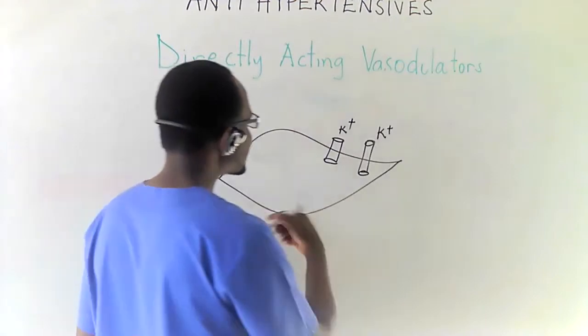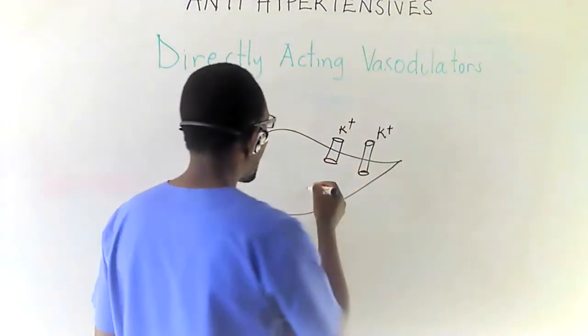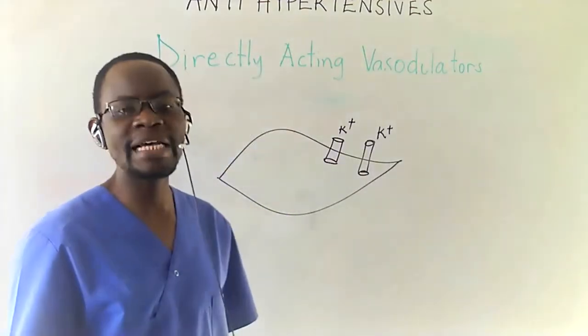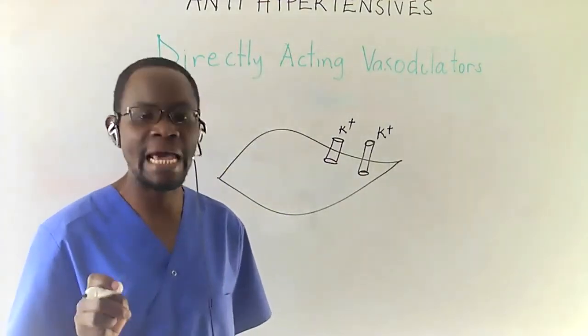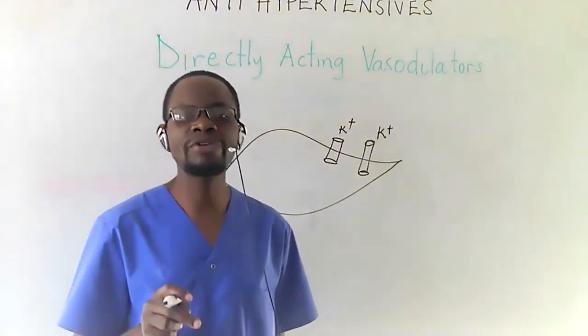So if minoxidil is given, these potassium gated channels will open, and of course you know that potassium is an intracellular ion.